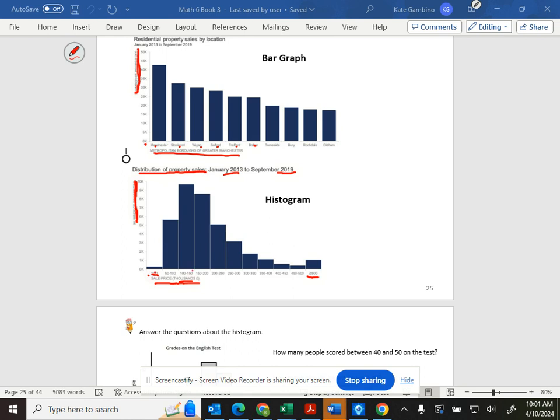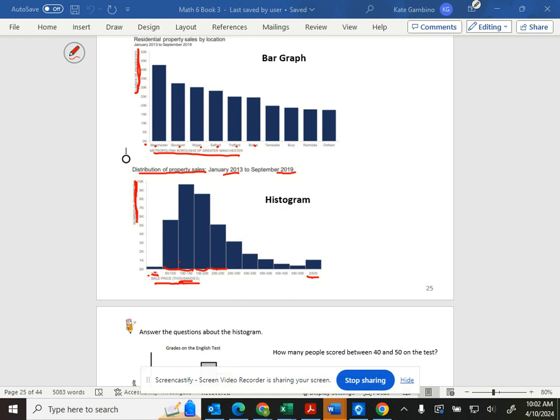We're going in order as we go up. They are touching, and our bars are the same size. But those prices have to be in order going across. It only makes sense because we have those numbers on the bottom. They have to stay in order.